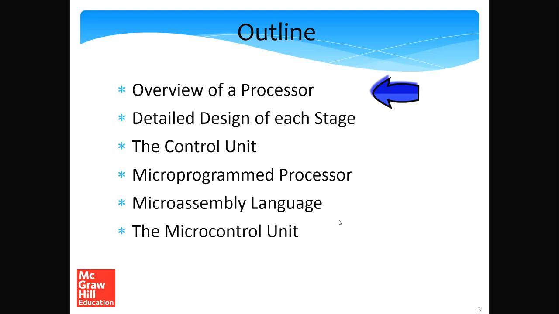It's the same processor designed for the same ISA, but the style of designing it is very different. It's called a microprogrammed processor. A lot of the current processors do have microprogrammed features, so it's a very important thing to learn. A microprogrammed processor will have its own microassembly language and its own microcontrol unit. We shall take a look at this towards the end of this particular chapter.